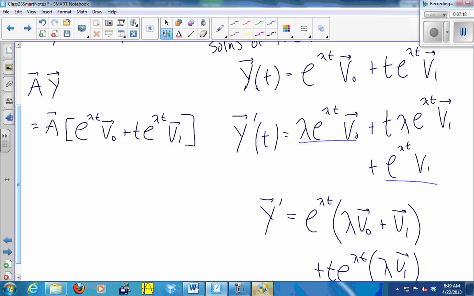So I can distribute this matrix throughout these parentheses. So I'm going to have e to the lambda t A v naught plus t e to the lambda t A v1.